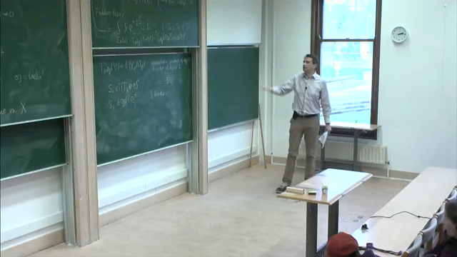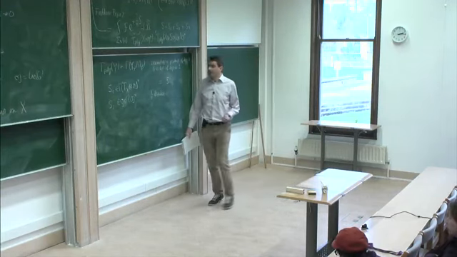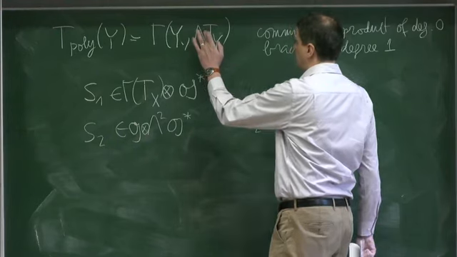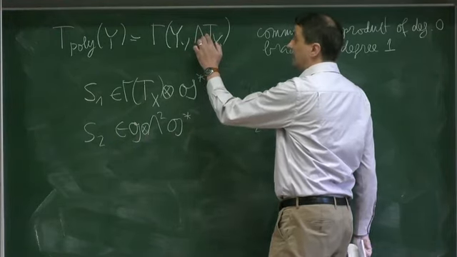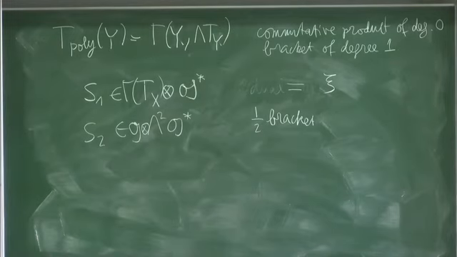For the moment you can think of Z mod 2, but later it will be important to have a Z grading, and then you have to put this in negative degree. So this will be a non-positively graded algebra.